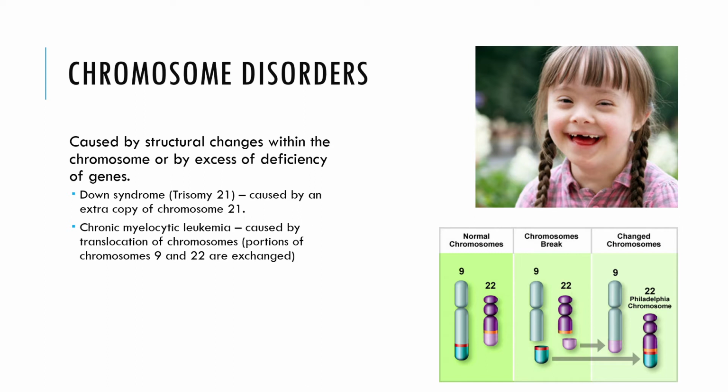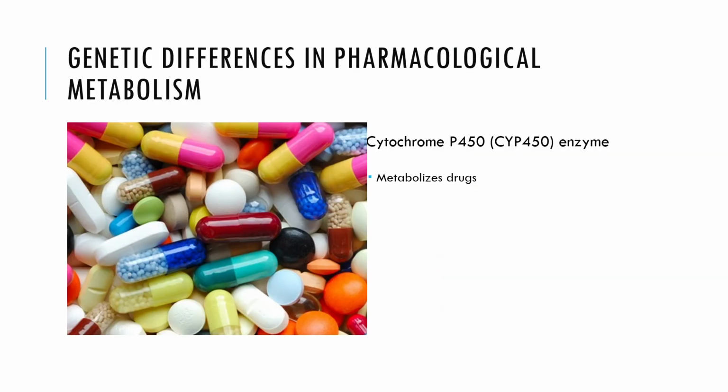Translocation of chromosomes is one, and also mosaic Down syndrome, which you don't need to know, happens after the fertilization happens. The most common one is the one that happens during fertilization, which is trisomy 21. That happens during the meiosis process. We'll get into this a little bit more down the line.